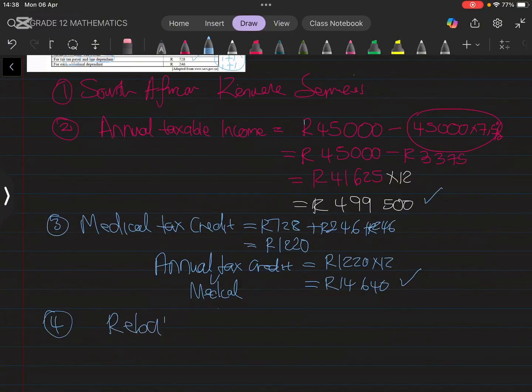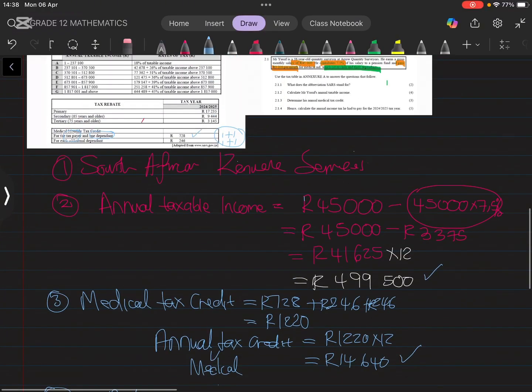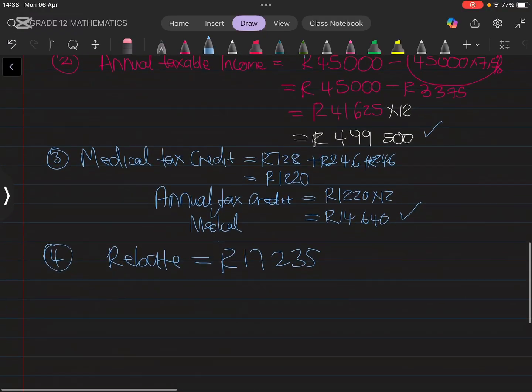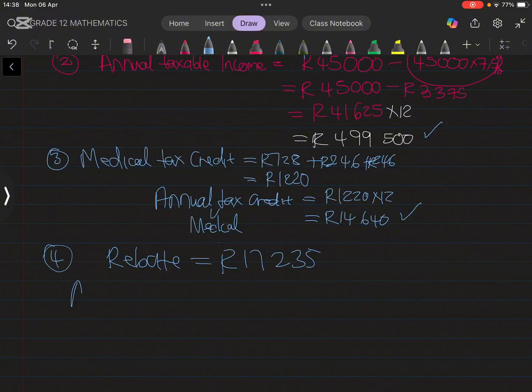Okay, now the rebate. He is younger than 65, so he is in primary rebates, that will be 17,235.